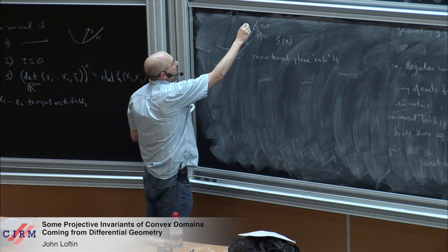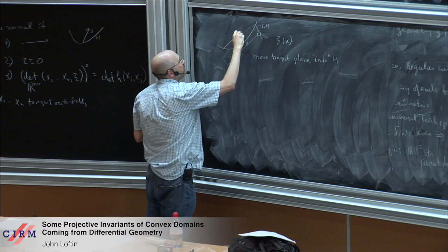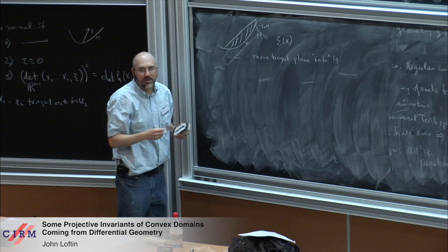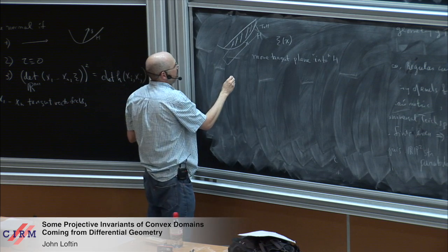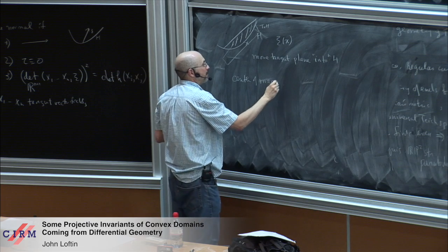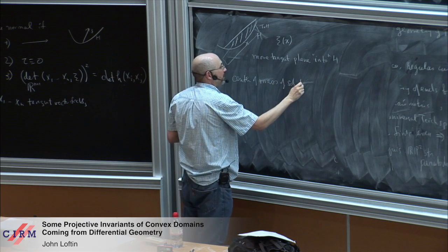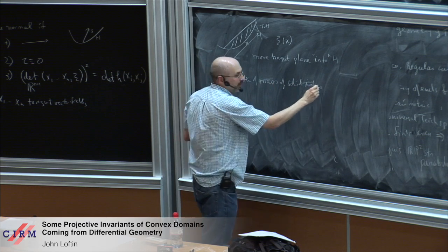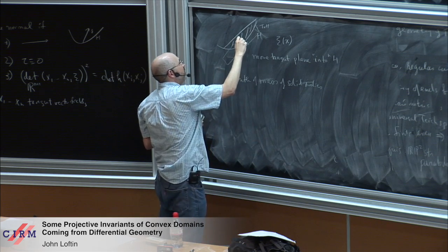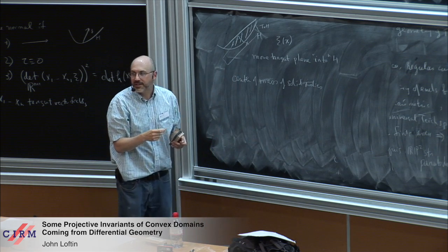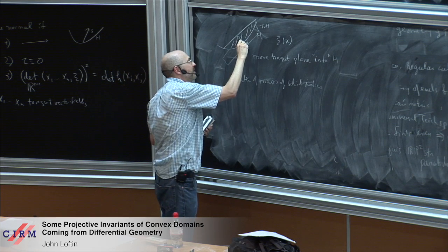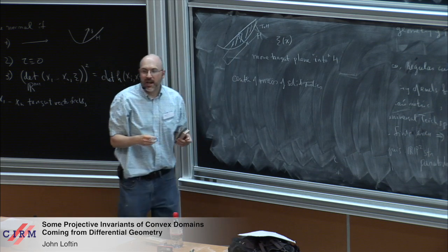And these parallel planes will cut off solid bodies of this shape. And then you consider the center of mass of the solid bodies. And that is a curve which goes to x. And then its tangent vector is the affine normal.